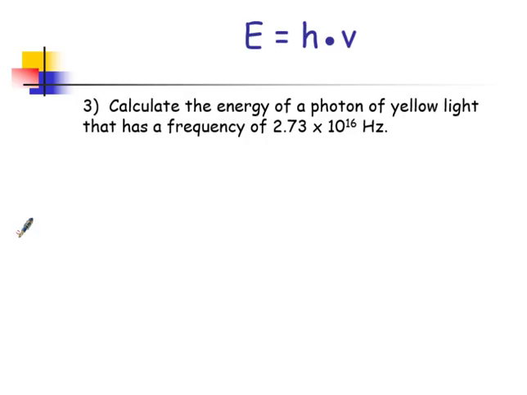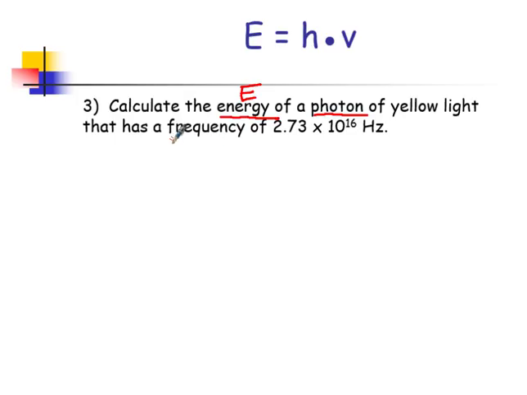So let's see how this works. We want to calculate the energy of a photon. So there's my nerd word. We now know that that gets a capital E. Here's another nerd word, photon, but we didn't learn a special symbol for him. We've got yellow light. They're just trying to tell you what color you are calculating. It doesn't mean anything to you though.